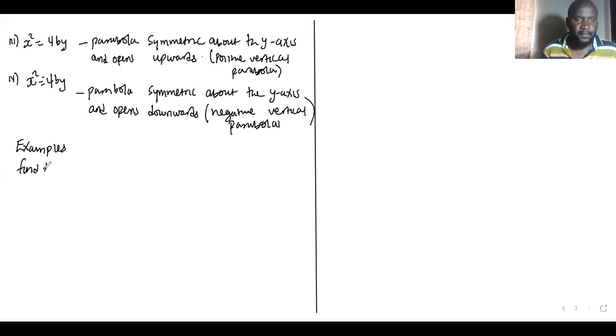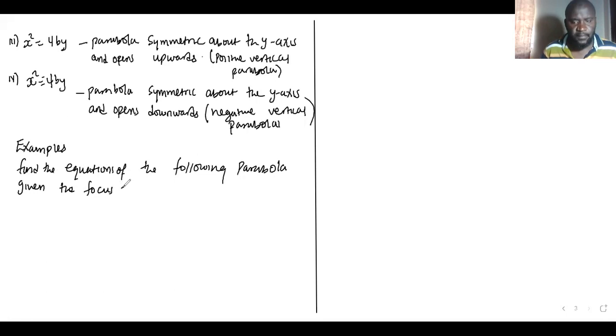Find the equations of the following parabola, given the focus and vertex at the origin.